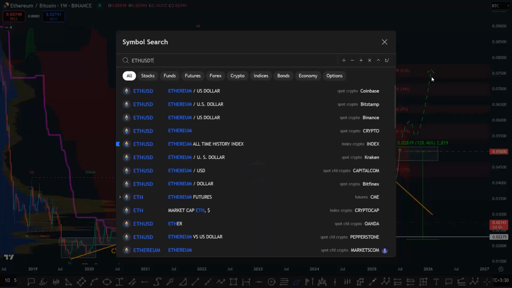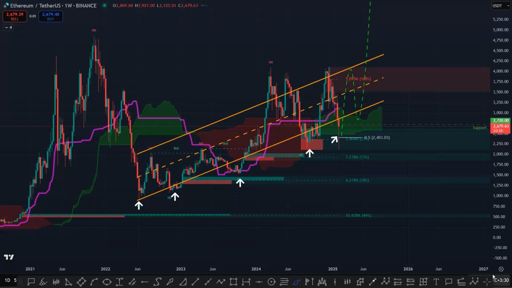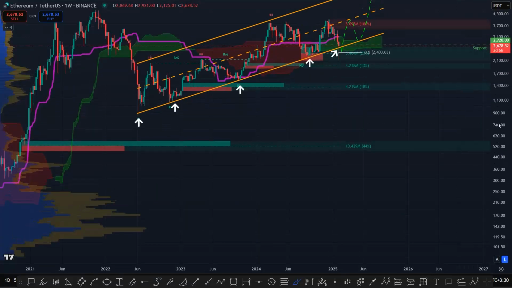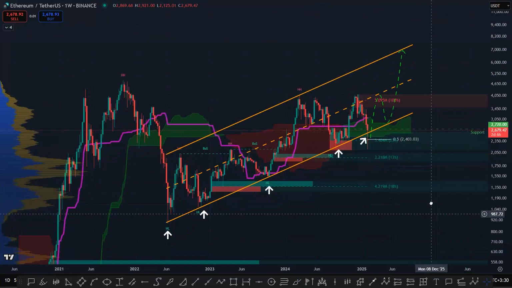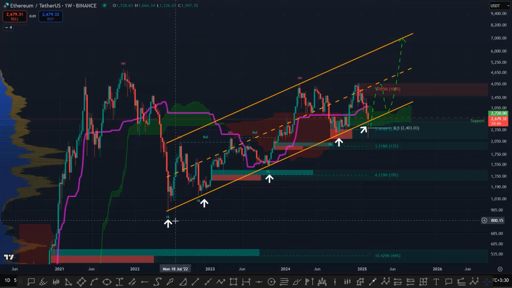Let's jump into the Ethereum chart itself. On the Ethereum chart, let me switch to the logarithmic scale. In the Ethereum weekly chart, we clearly have an ascending channel, and we have respected that level so far. Just this week, we pierced it down and broke it down with a shadow, but we managed to hold that level.